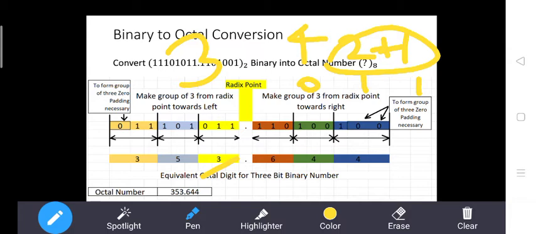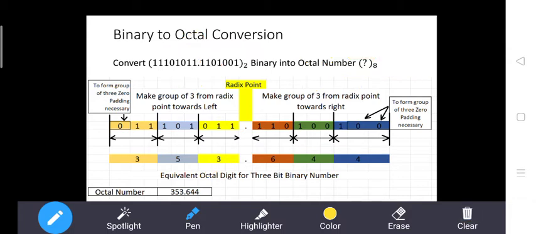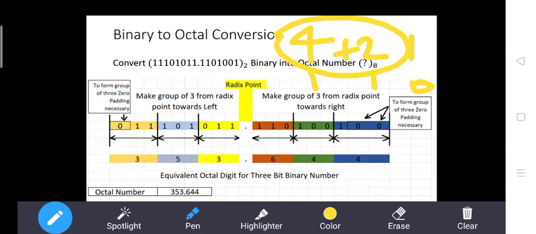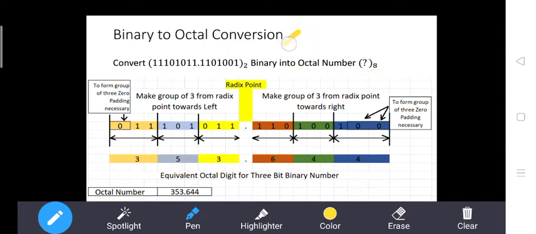Next, 4 2 1. Next, 1 1 0. 1 is present at 4 and 2. I added these two terms. Octal number I get 6. Next, 4 2 1, 1 0 0.